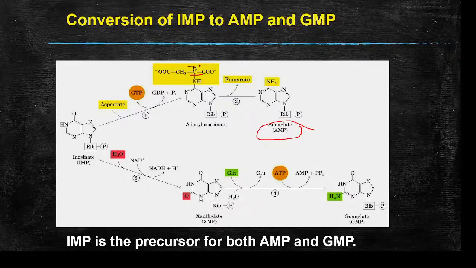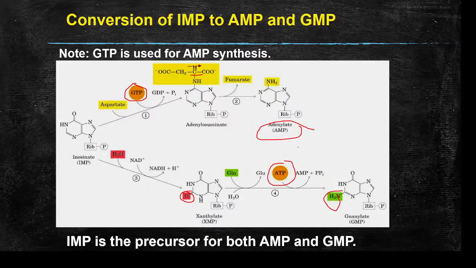So this requires GTP as an energy source, and this IMP is converted to GMP by converting it to XMP, and here one oxygen atom is added at the second carbon atom, and this oxygen is replaced with an amine group. So the amine group is contributed by glutamine, and this requires ATP.